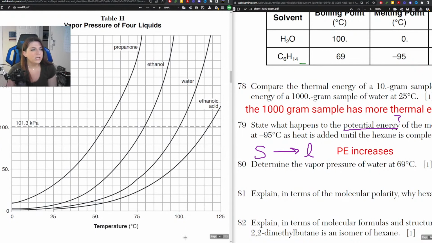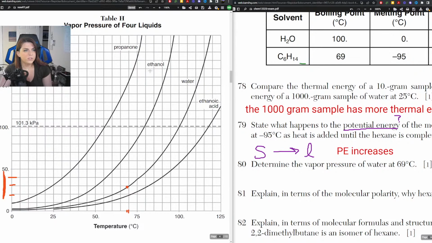Part of the reason I don't like table H is because on the y-axis here, each of these lines goes by tens, but on the x-axis, they go by fives. Not my favorite. So 69 would be right before 70, and that one's 70, so right before it would be 69. And I'm going to scroll up until I hit the line for water and put a data point there.